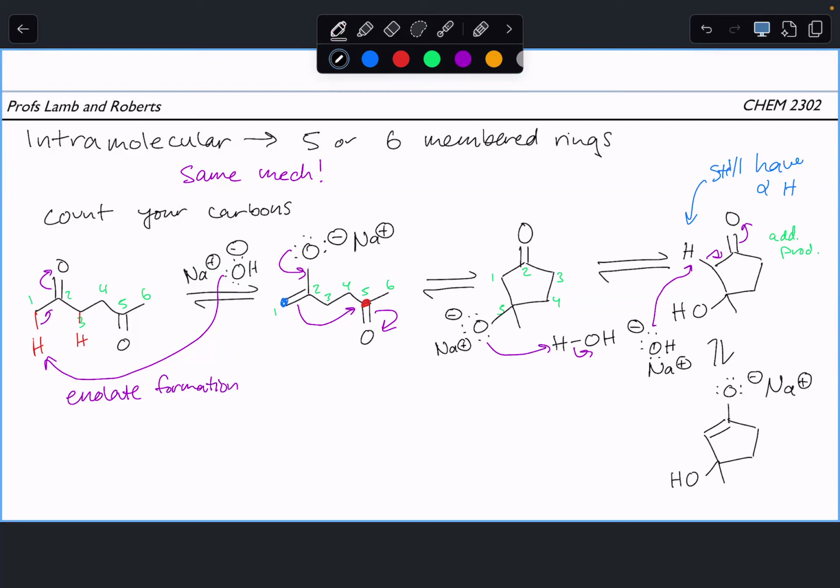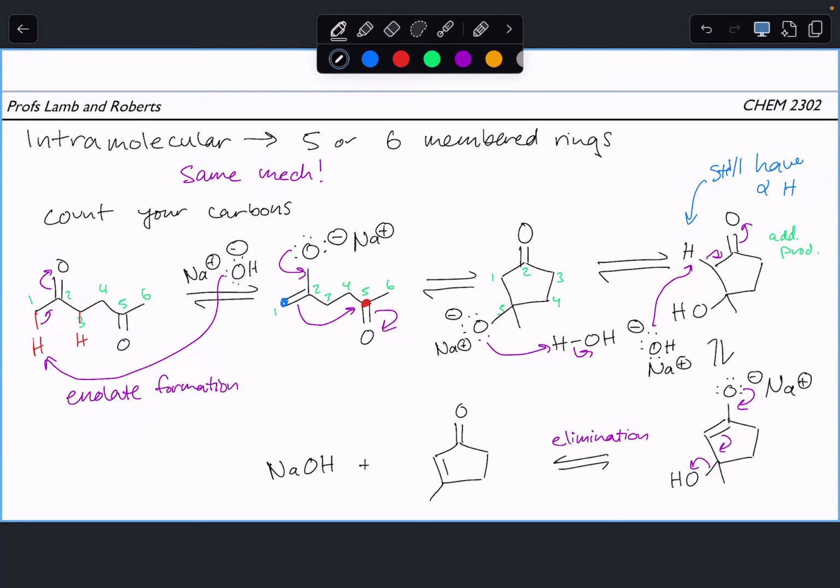And then finally, we will do our elimination step, which is reform the carbonyl, C=C double bond moves over, OH minus leaves. So it's exactly the same thought process as the intermolecular reaction. It's just intramolecular, so it looks a little different. You form a ring, but the mechanism is not actually different, okay?